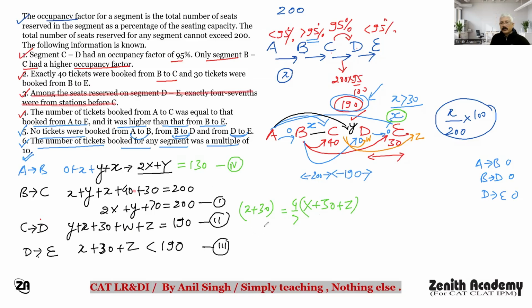So now these are equations जिनको हम लोग कर सकते हैं। तो it is 7x + 210 is equal to 4x + 120 + 4z, and here 7x minus 4x is 3x, and 210 minus 120 is +90 is equal to 4z, right?